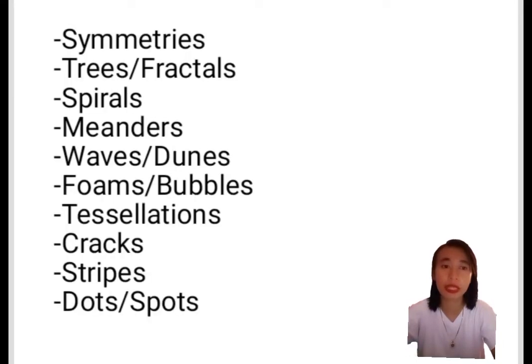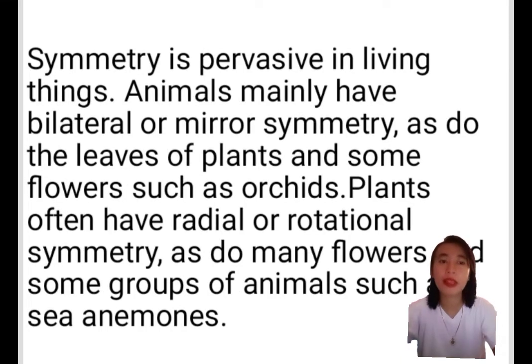Symmetries, trees, fractals, spirals, meanders, waves, dunes, foam, bubbles, tessellations, cracks, stripes, dots, spots. Symmetry is pervasive in living things. Animals mainly have bilateral or mirror symmetry, as do the leaves of plants and some flowers, such as orchids.